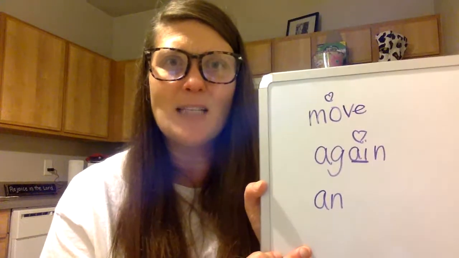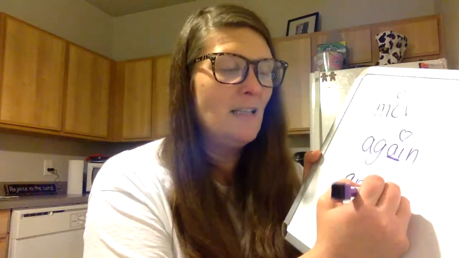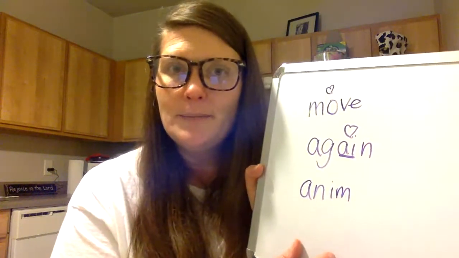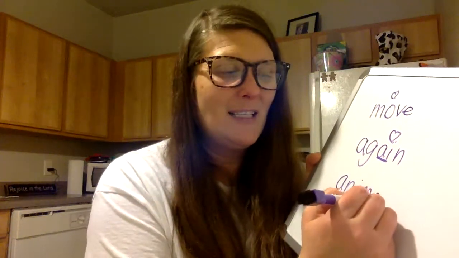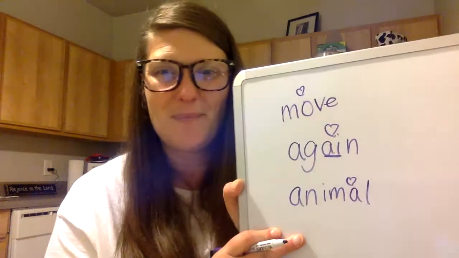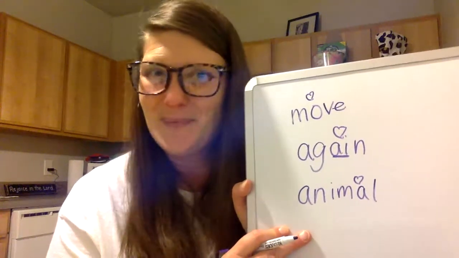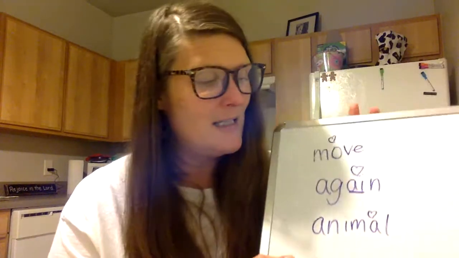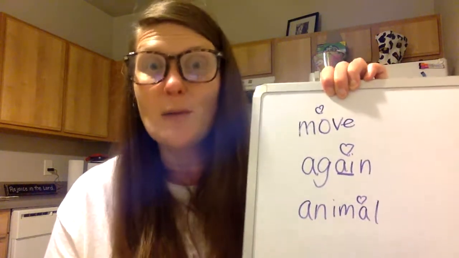The next part is i, and that's an I. That's an M. Okay, now that's the last syllable, and it's not stressed, so I have a schwa sound, so that's an A-L. I might have to remember that A. That might be our heart part of that word. Animal.